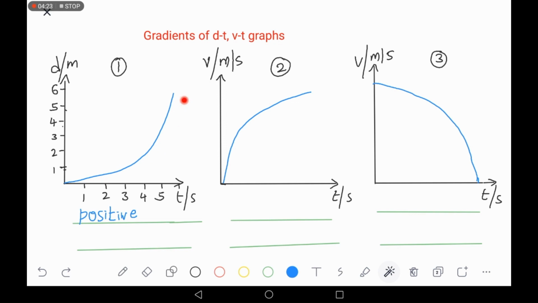Well, to know that, draw two tangents here, one at the beginning, the other at the ending of the graph line. The first tangent is flatter, looking more horizontal, and the second tangent is steeper, looking more vertical. So the flatter tangent is becoming steeper, so it is an increasing gradient.